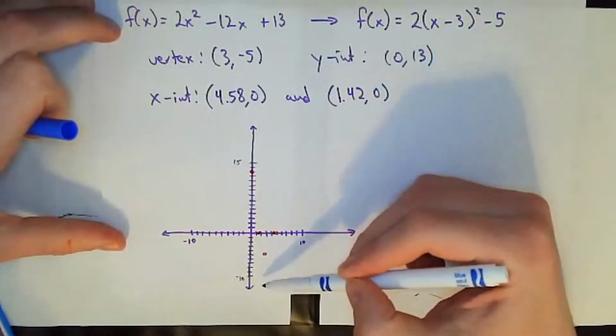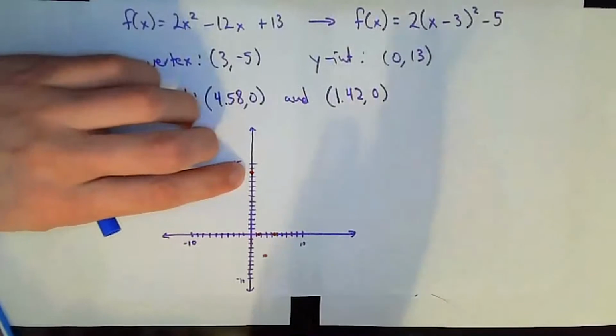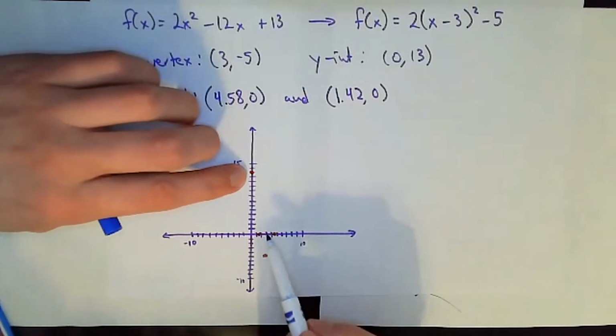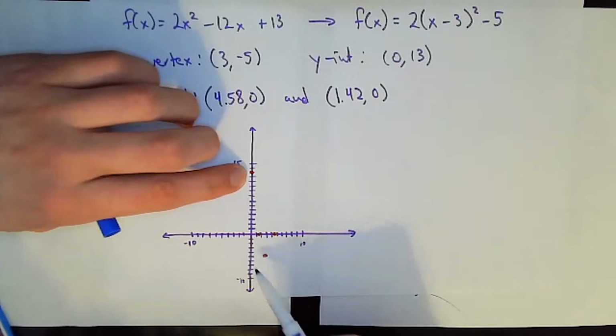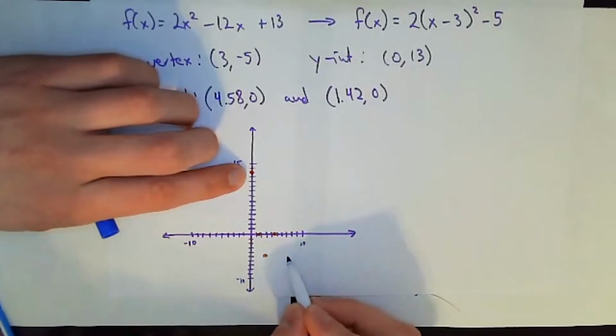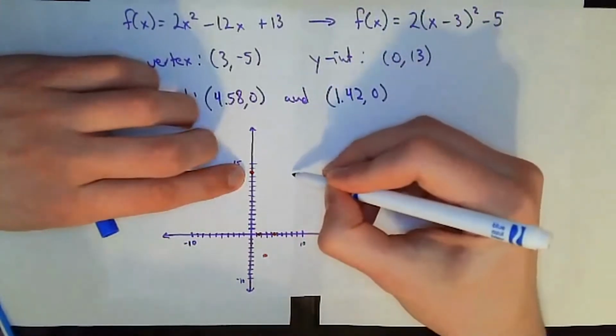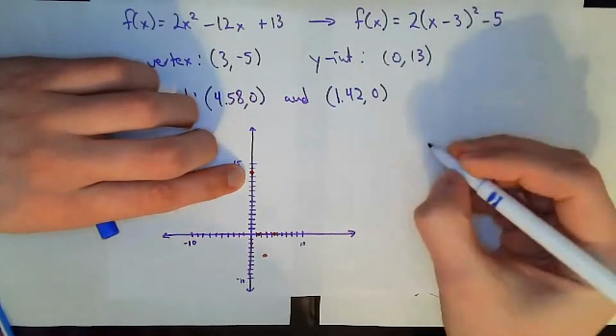So there's got to be another point. How far away, in terms of x distance, is the y-intercept from the vertex? It's just 3, right? Just the horizontal distance, not the height. So what if I went out 3 units the other way? I should find a really nice point directly across from this.